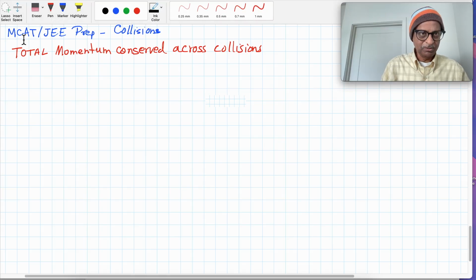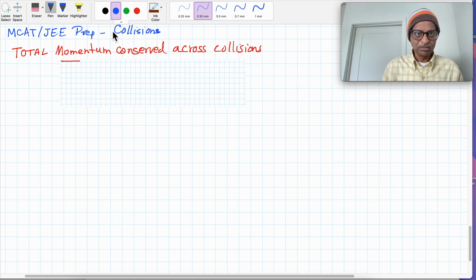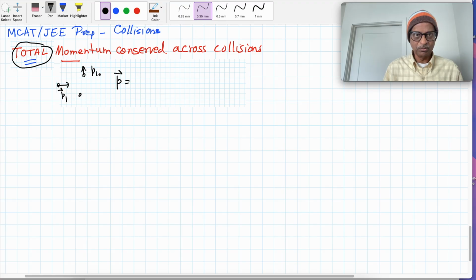So today we are going to continue from the previous day about momentum, in particular total momentum. Total momentum means, say if you have a whole bunch of things there, then total momentum is the sum of the momentum of all of these. Maybe this one is going this way, P1, this one goes this way, P2, and this one goes this way, P3.